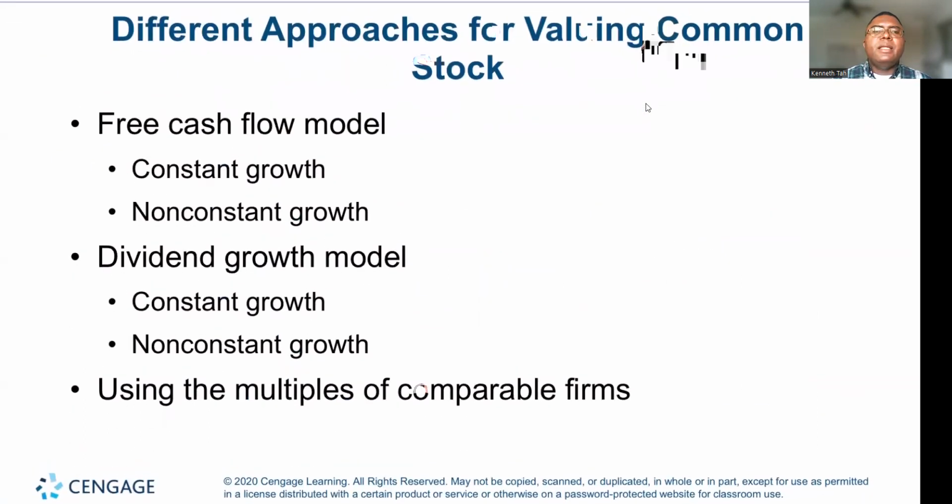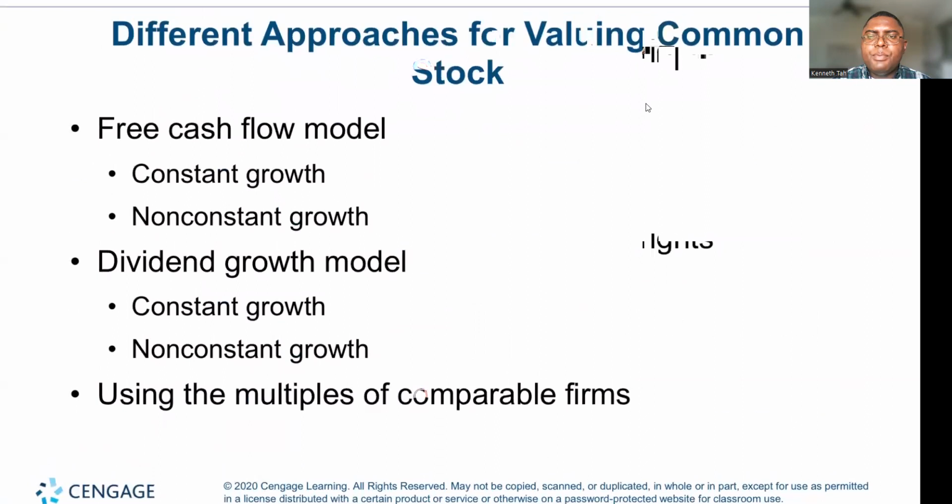All right, we already mentioned that there are different approaches to valuing common stock, which will really be the heart of this chapter. We have what we call the free cash flow model, and we have what we call the dividend growth model. So these are the two types of model that we are going to use in valuing common stock.